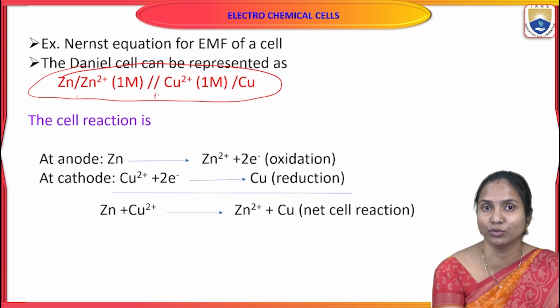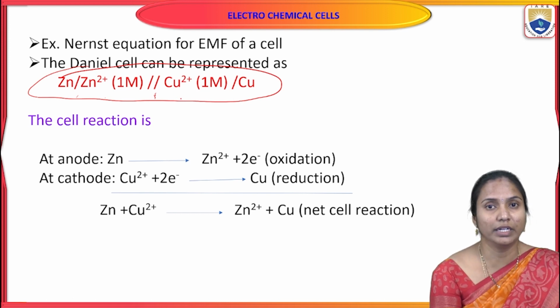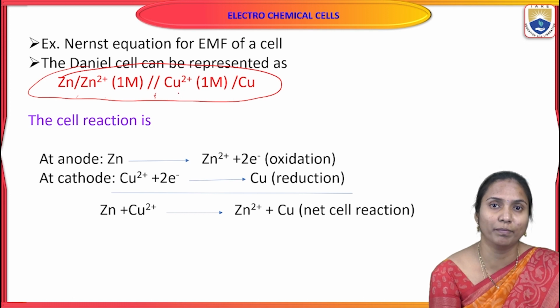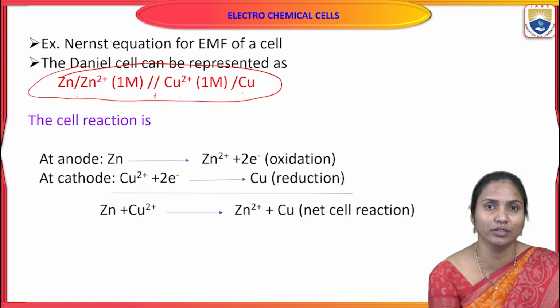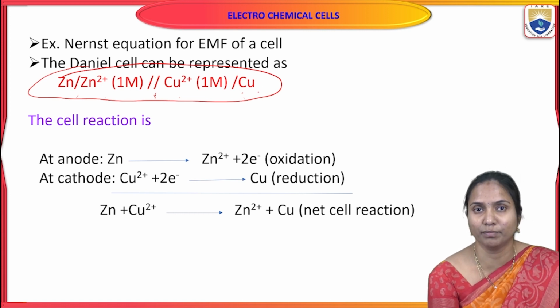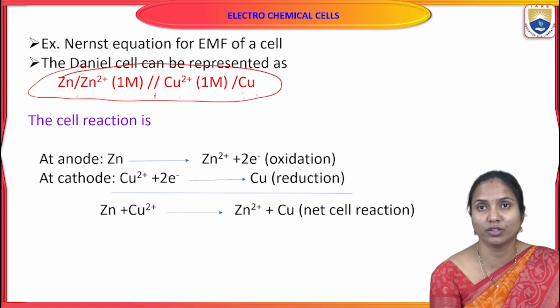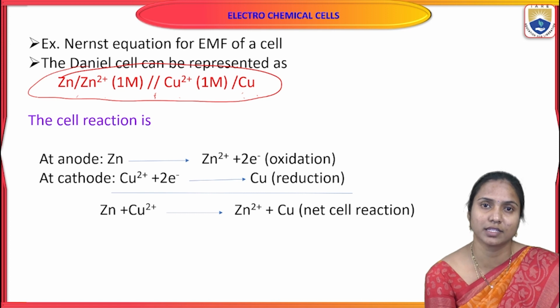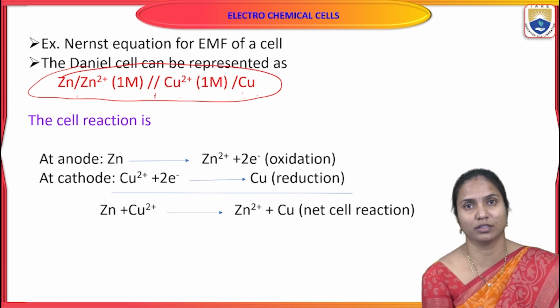It maintains electrical neutrality between the two half cells. Next, copper acts as the cathode. During the reduction reaction, copper gains electrons and is deposited as copper. This is a reduction half cell. In this way, we can represent a galvanic cell, Daniell cell or electrochemical cell.